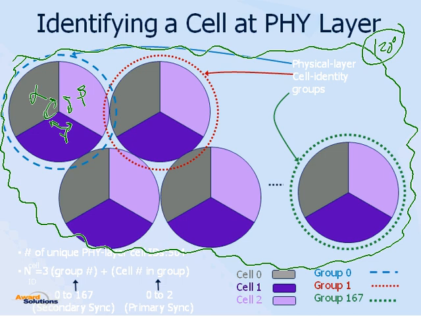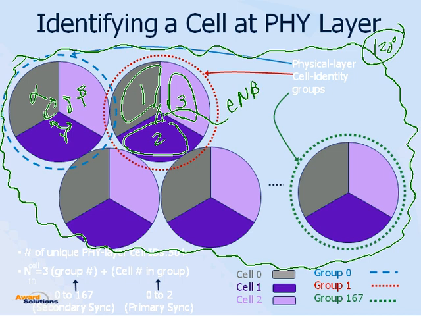So now we have these 3 cells that are controlled by our eNodeB. So one eNodeB, our base station, controls 3 120 degree cells. We have to give every cell a unique identity, the so-called physical layer cell ID.